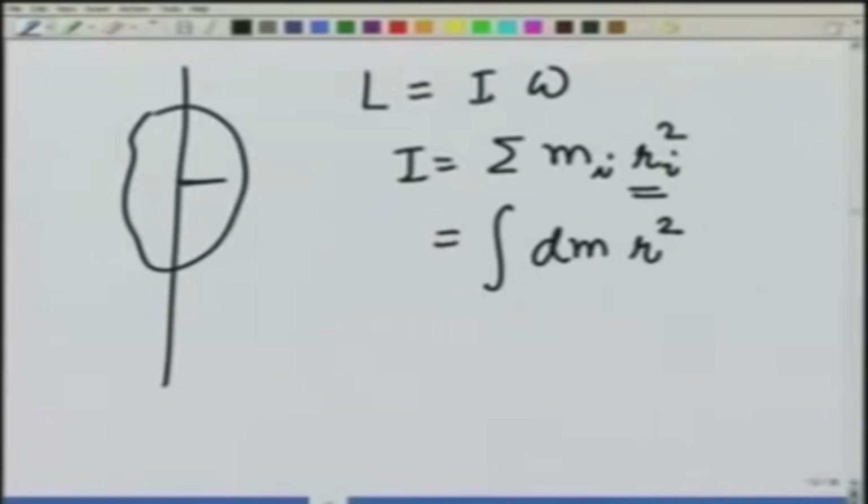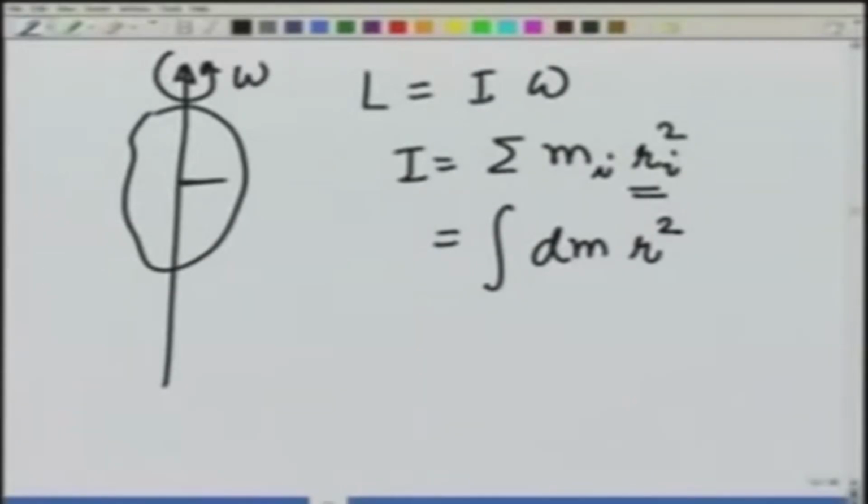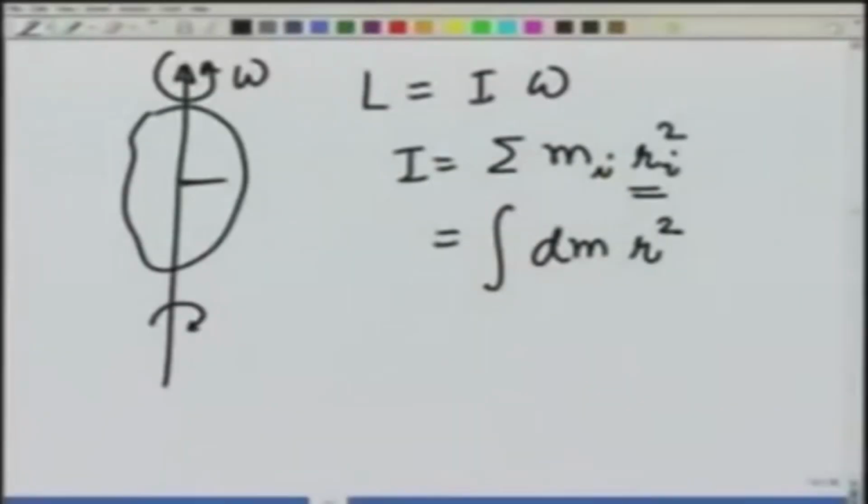Again, the sign convention is: if I take my thumb in the direction of the axis of rotation, then the curling fingers give me the positive omega. The thumb is pointing in the positive z direction or whichever direction I choose, and the other way gives me negative.